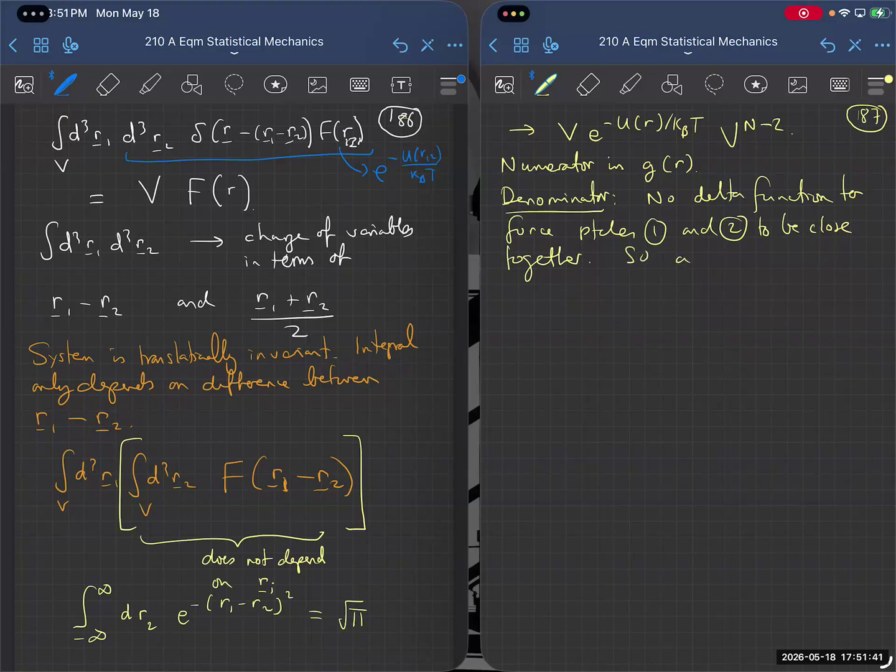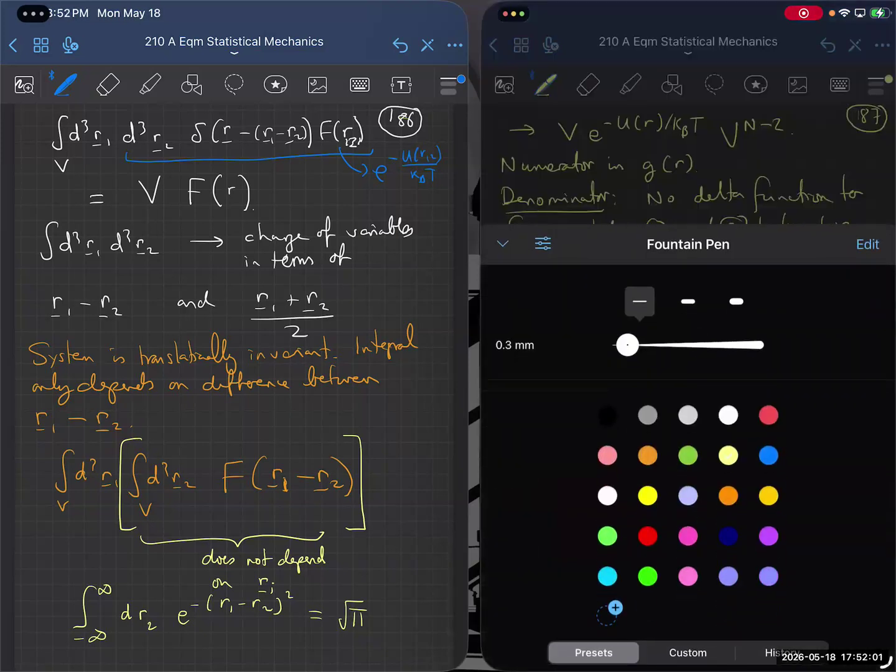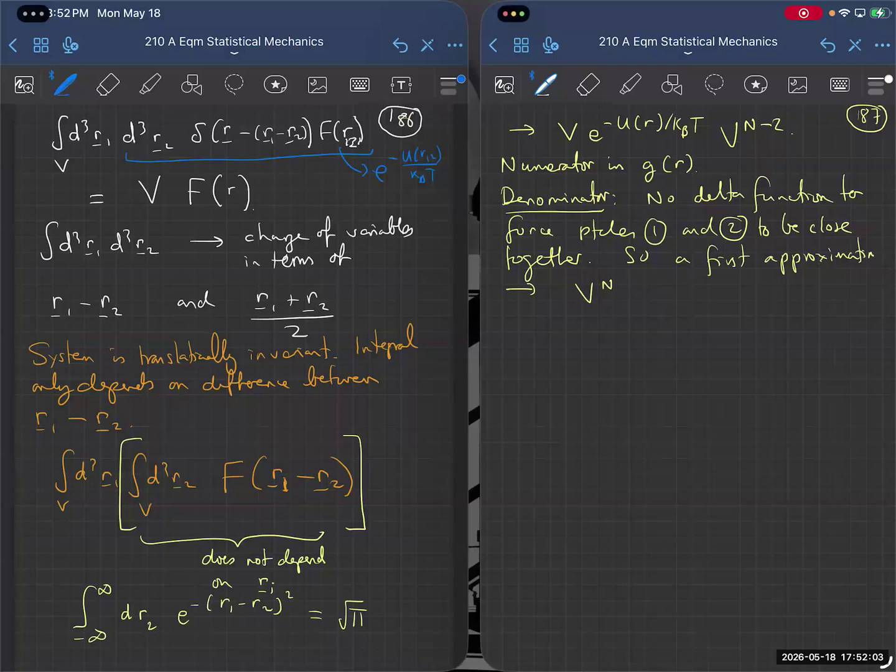So first approximation is that for each particle, it explores the volume, doesn't see any potential, and so you get v to the n, roughly speaking. So then what that means is, now I go ahead and divide.